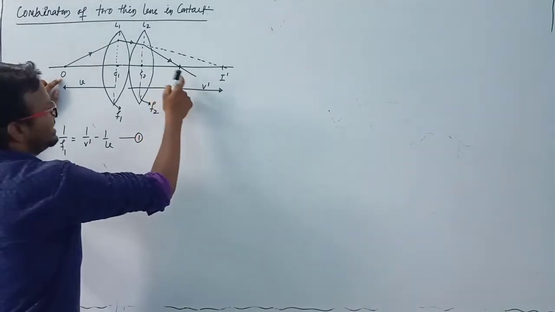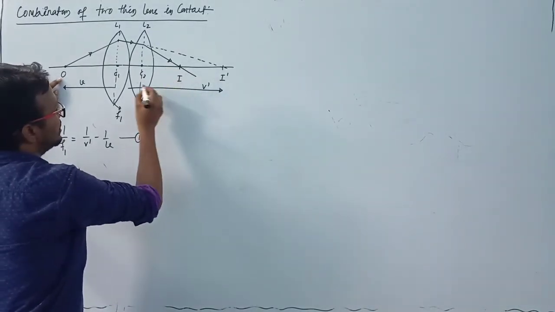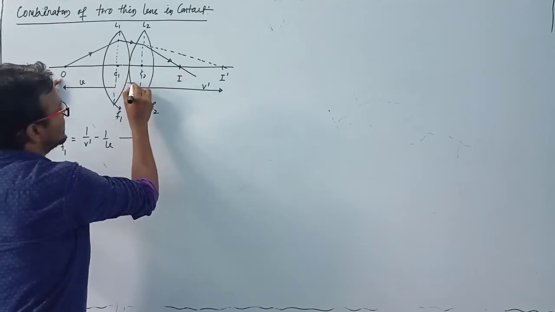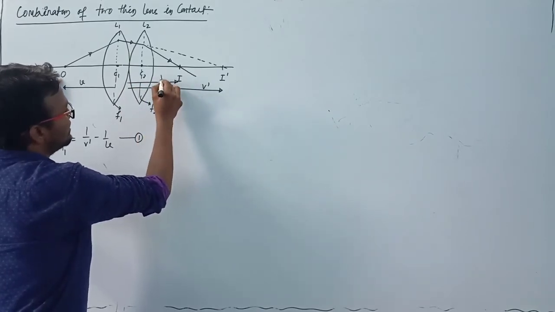And this is the image, and we get a final image. This distance is suppose the final image distance v.